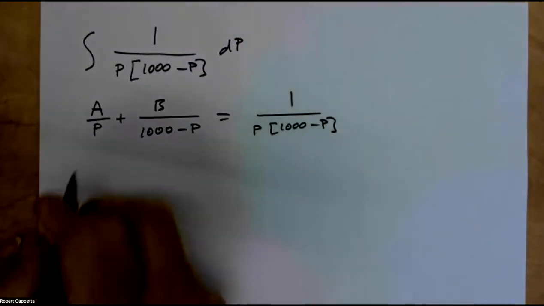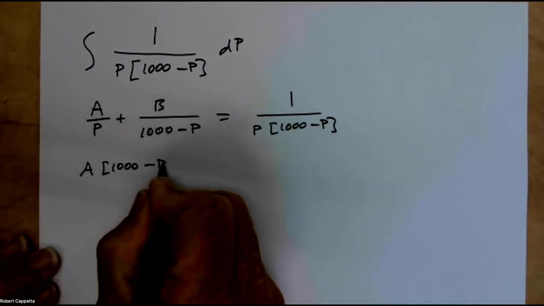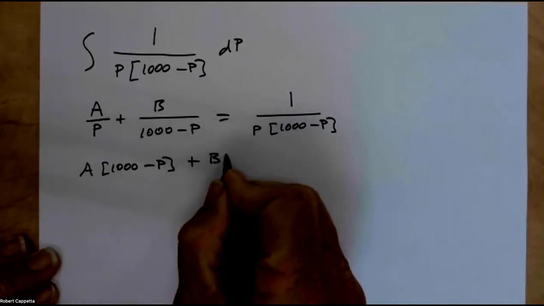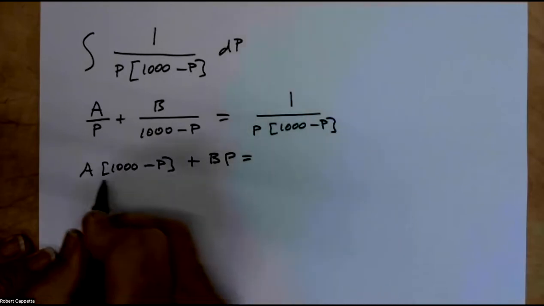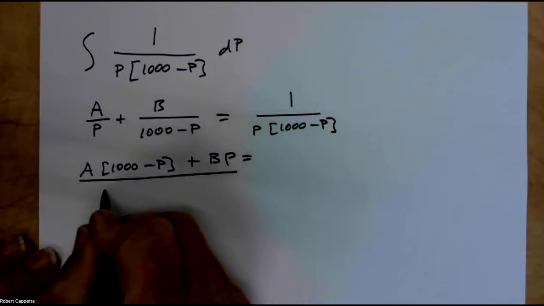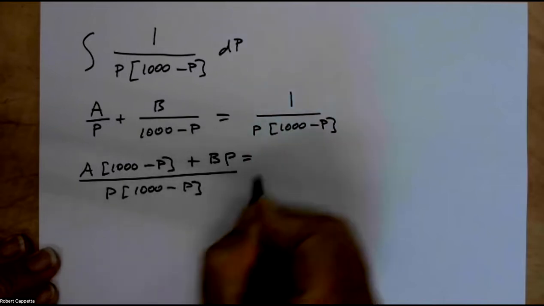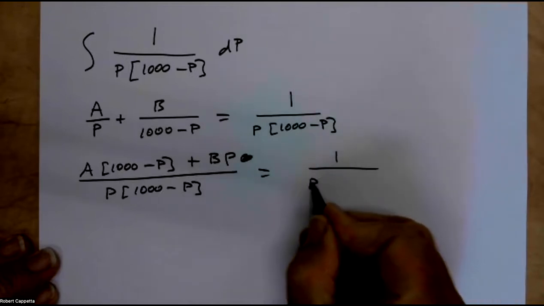So we get A times (1,000 minus P) plus BP over P times (1,000 minus P) equals 1 over P times (1,000 minus P).